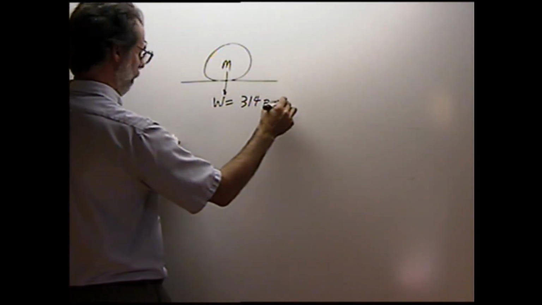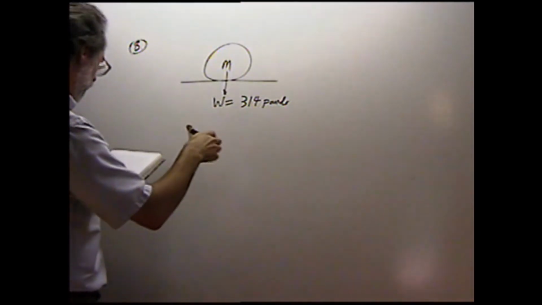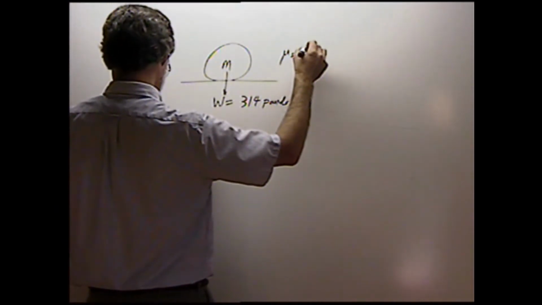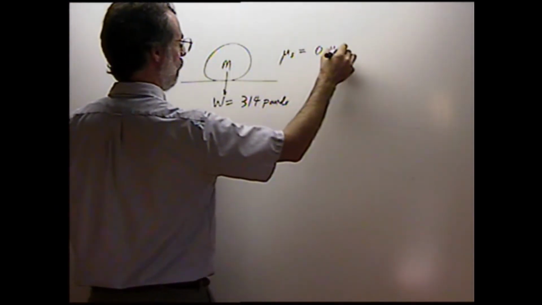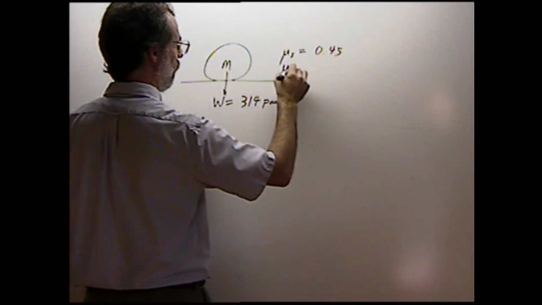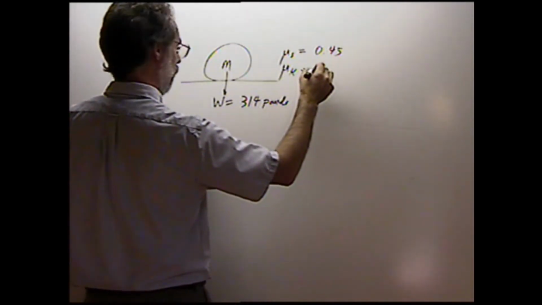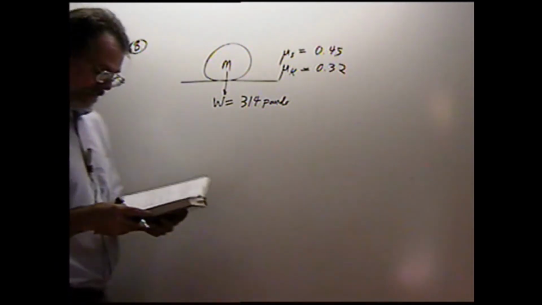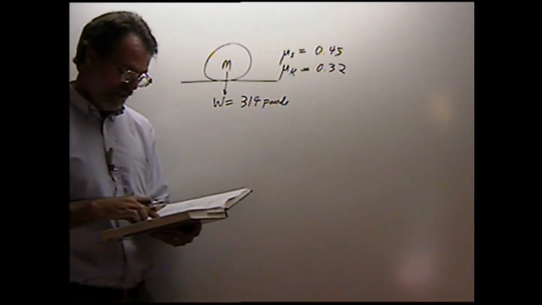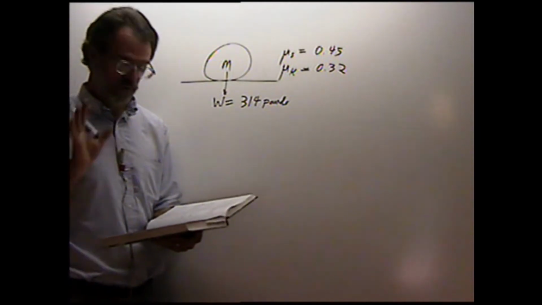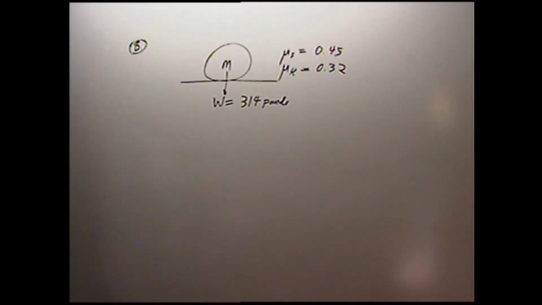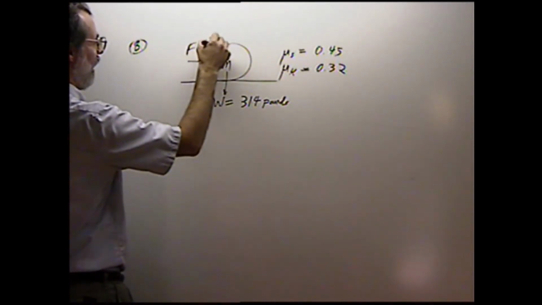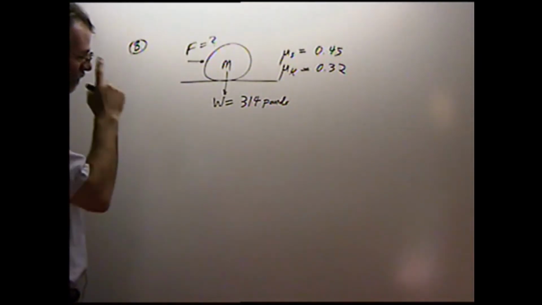Pounds is a weight. Okay, X down. And we have that the static coefficient of friction is 0.45. We have that the kinetic coefficient of friction is 0.32. The question is, what is the magnitude of the frictional force that the man must overcome to move the rock? So he wants to move the rock, he wants to apply a force. Question is, how large a force does he need to apply?